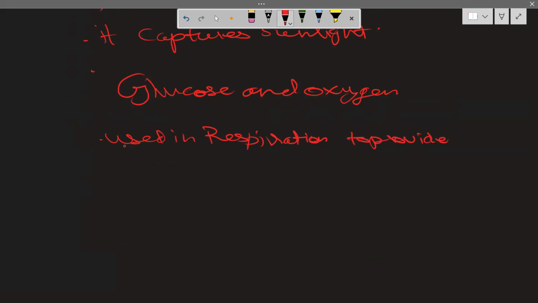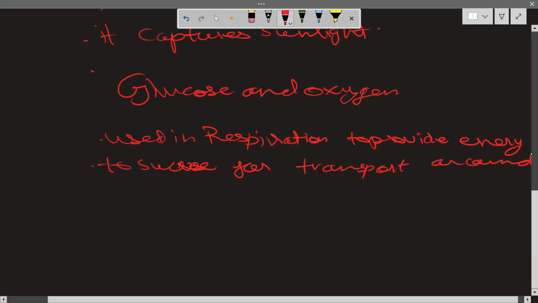It is quickly changed to sucrose for transport around the plant. Sucrose for transport around the plant. Okay.